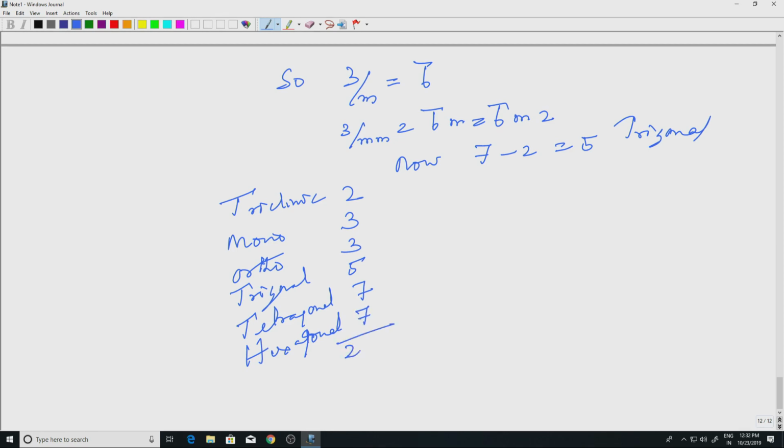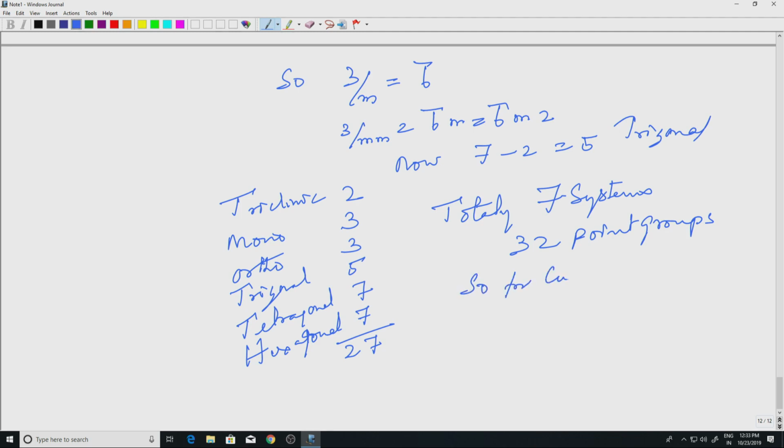So 27, 14, totally 7 systems, 32 point groups. So for cubic system only 5 are there.